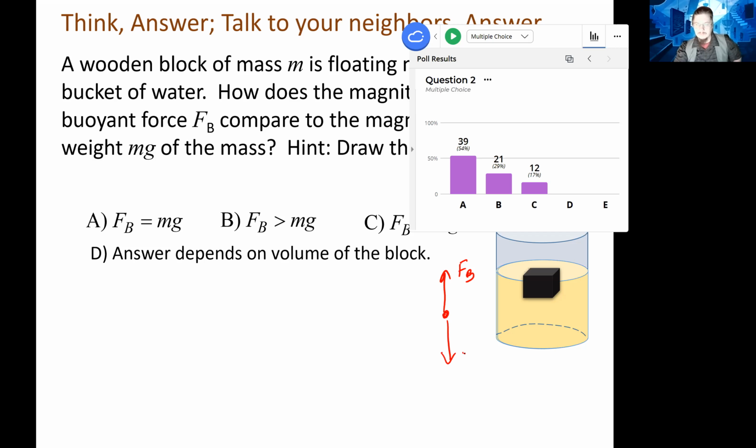The only thing stopping it is the amount of water that it's at. So that's why I say that B is the right answer. Buoyant force is always bigger. Okay, that makes sense. Let's see what others think.